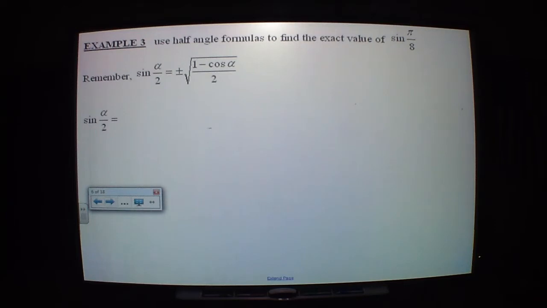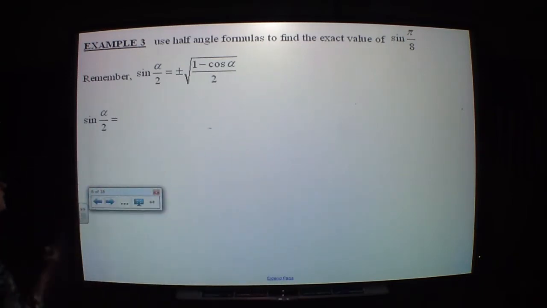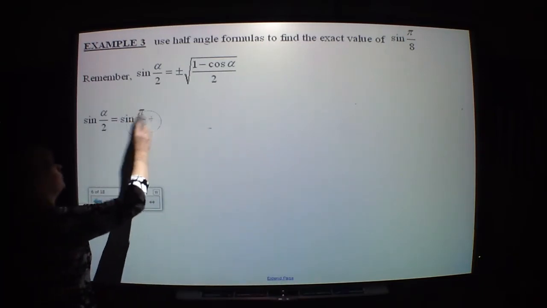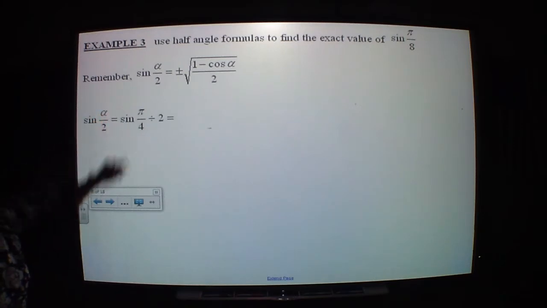So is there a triangle that you know, the pi over 6s or pi over 3s or pi over 4s, where half of it is pi over 8? And I hope right away you know that it's pi over 4 divided by 2. So your alpha is pi over 4. Pi over 4 divided by 2 is pi over 8.